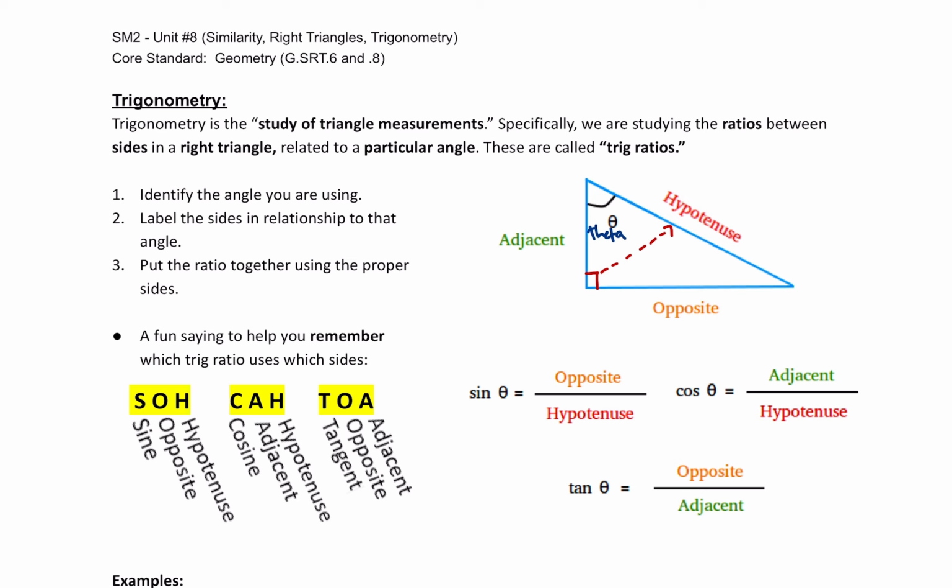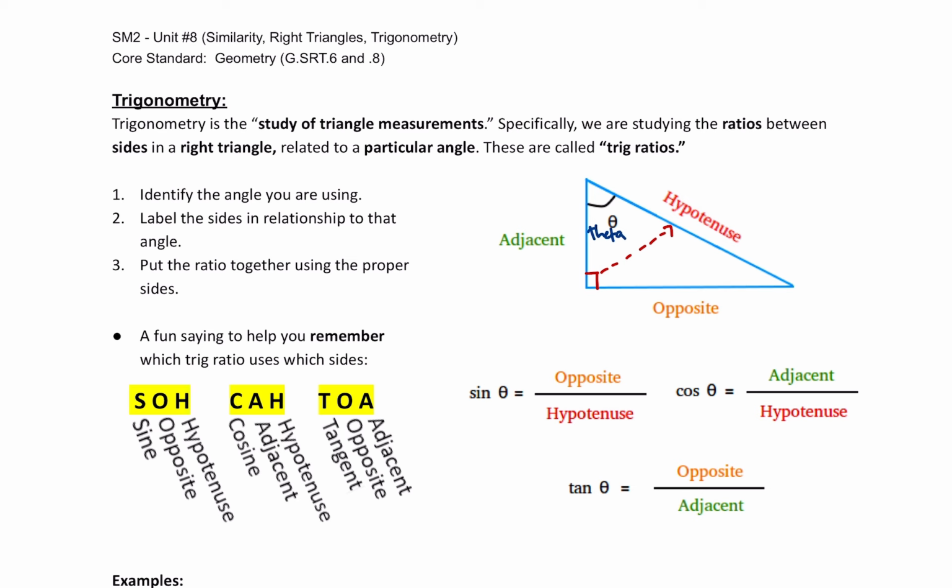Then the second easiest side to label is the adjacent, because the adjacent is always touching our angle. And if we've already labeled our hypotenuse, that means that the adjacent has to be this one. Adjacent means next to, so the adjacent is touching this angle right here. And that leaves the last side to be my opposite.